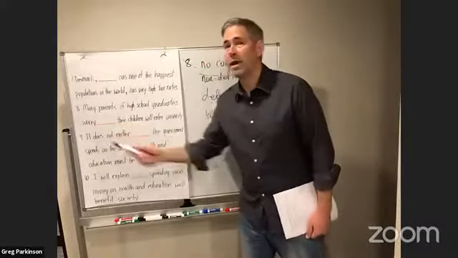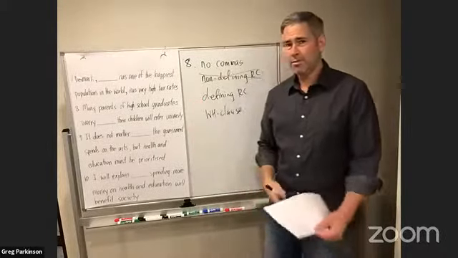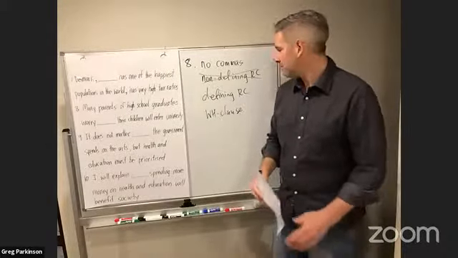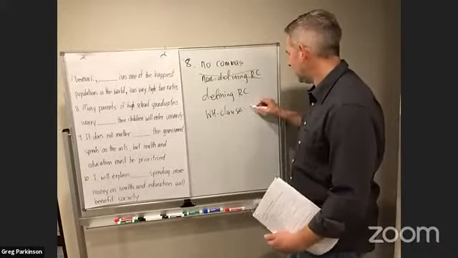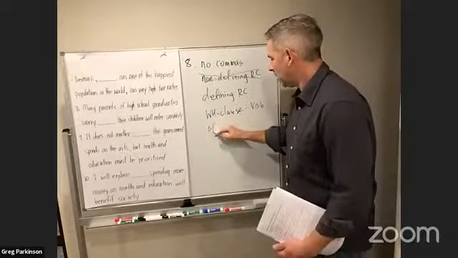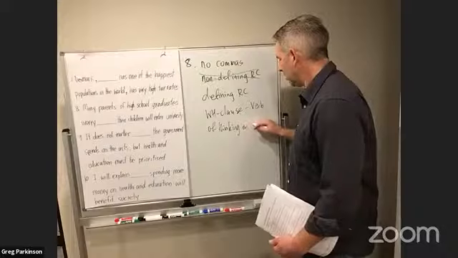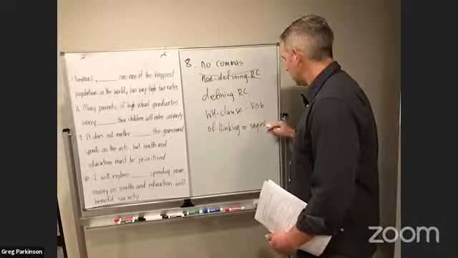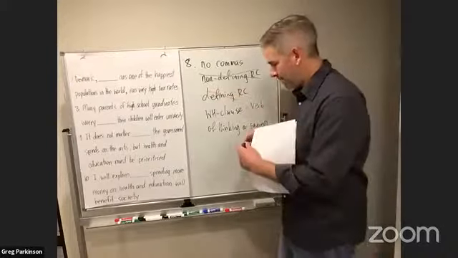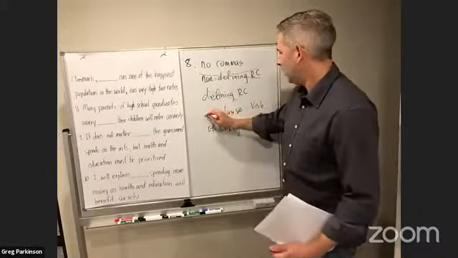The verb is worry, right? So is worry a verb of thinking or saying? Well, yes, it is, right? So we can get rid of this one, and our answer is, it's a WH clause.